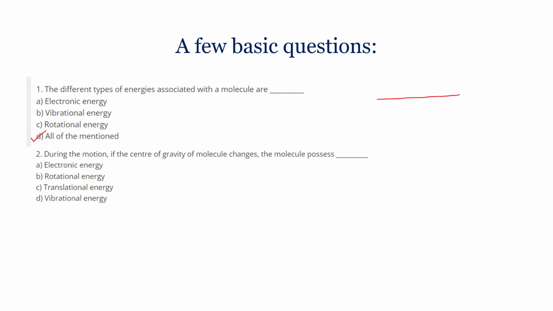So this is an electronic level. Suppose I am naming it S0, which is the ground singlet state.